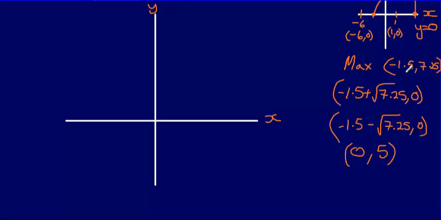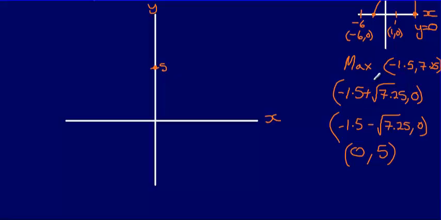Then we've got a maximum point at negative 1.5, 7.25, and then the following coordinates. So let's jot these down. So let's start with this one, 0, 5. And again, it's just a sketch, so we're going to say that that is 5 there. That's going to be one of our points.